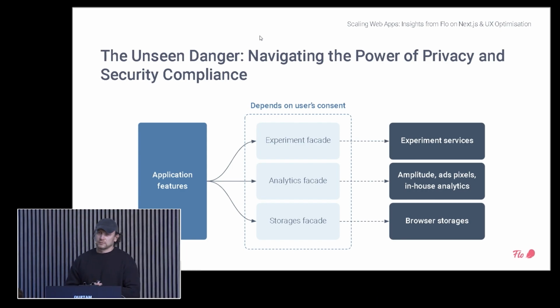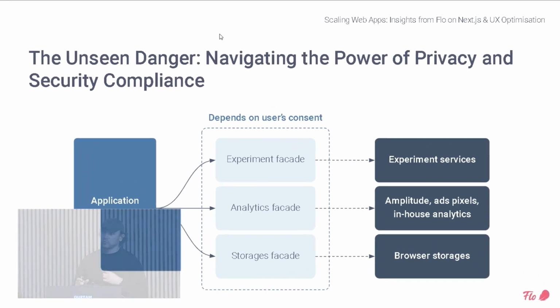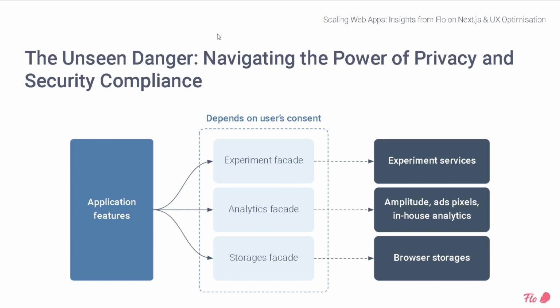That's why we decided that we should be aligned at all times, and we created this facade for our basic functions. They are like a black box for other parts of the code, but inside they totally rely on consents and only send or store the data if the user gives appropriate consent.